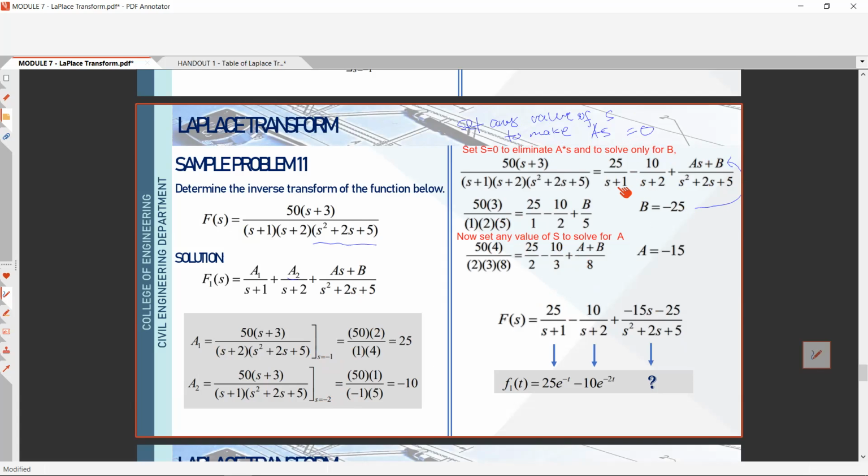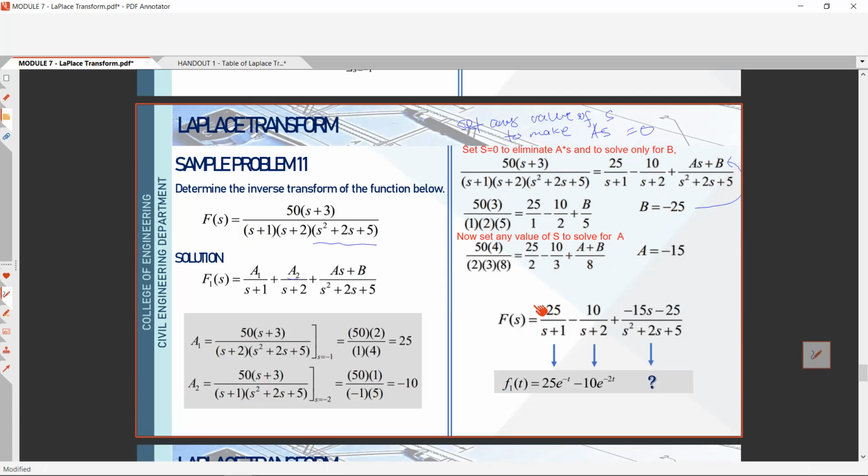Here, the value used is s equals 1. So, 50 times s plus 3 is 4. Here, s plus 1 is 2, s plus 2 is 3. This function is 8. This one is 2, this one is 3, this one is 8. Substitute B equals negative 25. What you have left is just A. So, one equation, one unknown. You have solved. A equals negative 15.